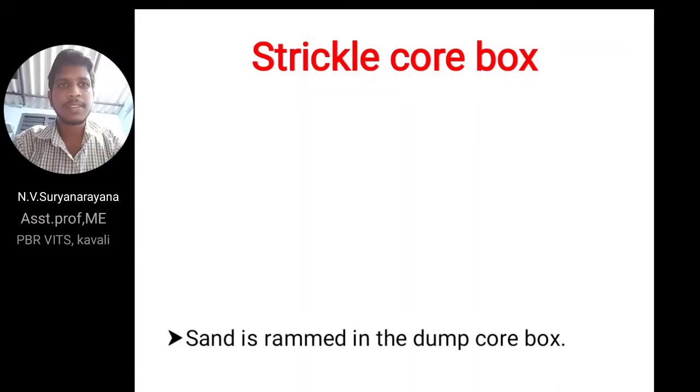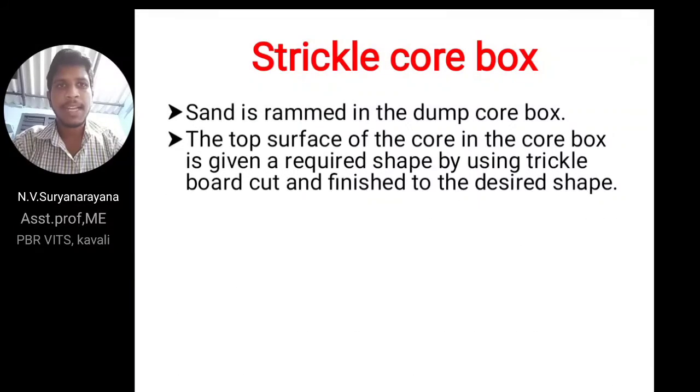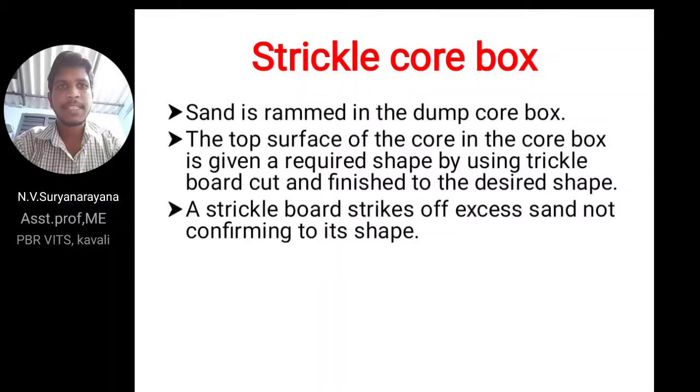Trickle core box. Sand is rammed in the dump core box. The dump core box is a full-time section, and the top surface of the core in the core box is given the required shape by using a trickle board, cut and finished to the desired shape. A trickle board strikes off excess sand not conforming to its shape.